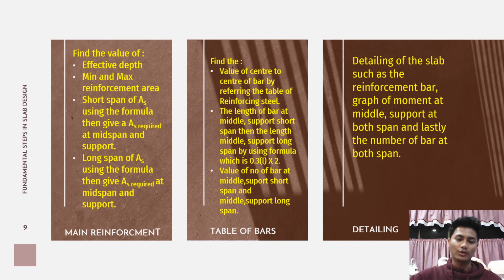And then moving on to the fifth step, which is table of bars. You need to find the value of center to center of bar by referring to the table of reinforcing steel, and then move to the length of the bar at the middle and support for short span, then the length of middle and support for long span by using the formula, which is 0.2 multiplied by L and then multiplied by 2.